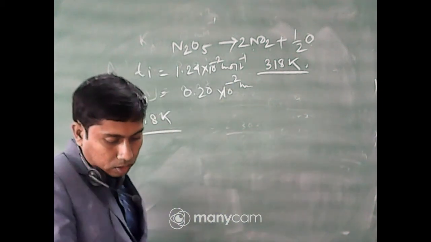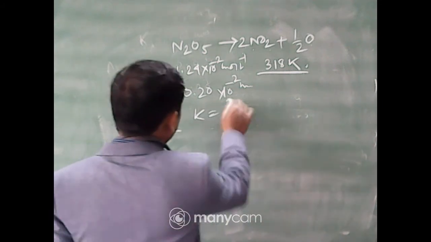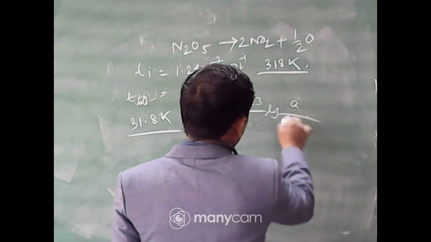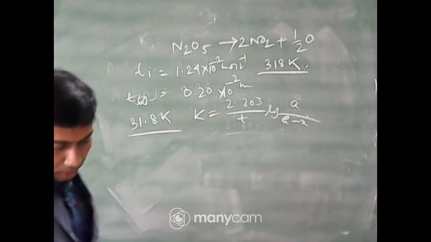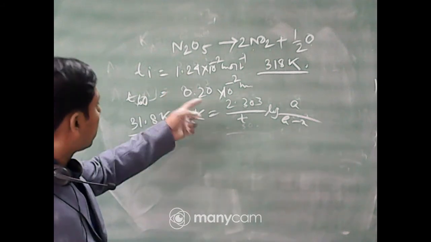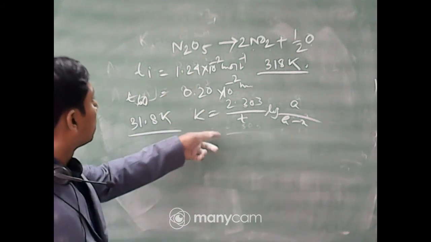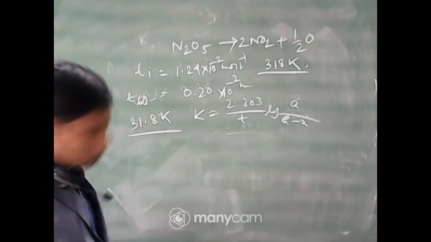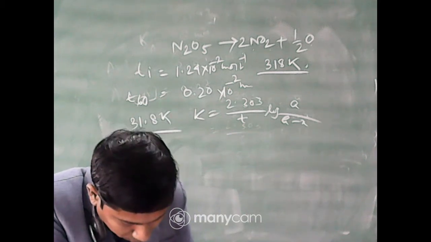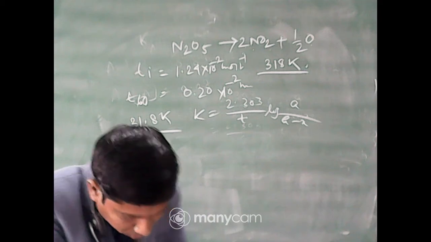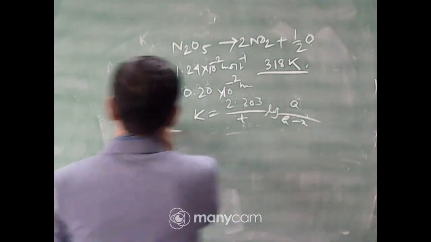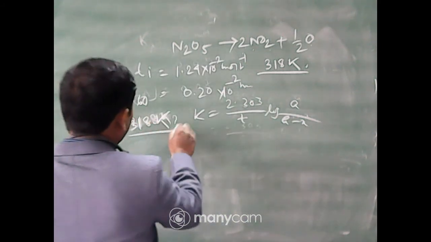So, how to calculate it? K equal to, as the first order equation, 2.303 by t log of A by A minus x. Here A is given as 1.24 and A minus x equal to 0.20 and t is 60.